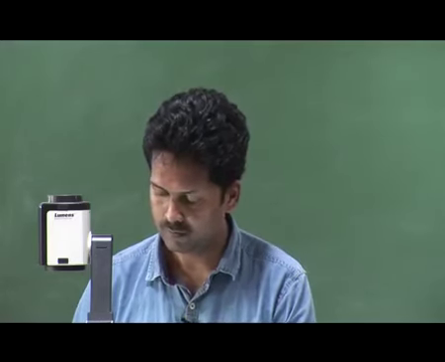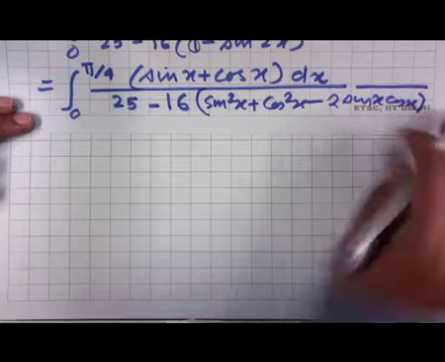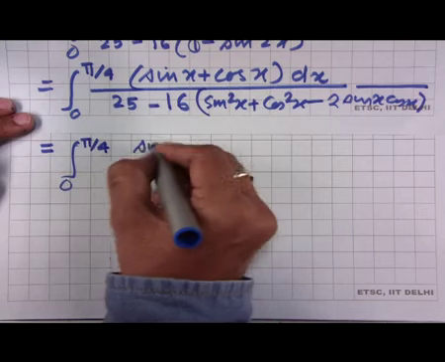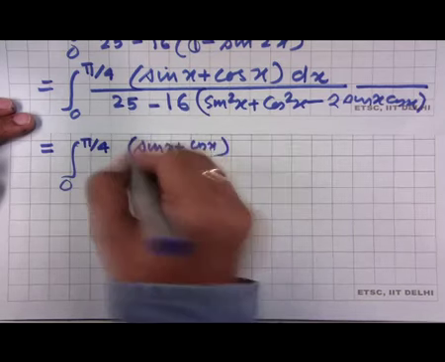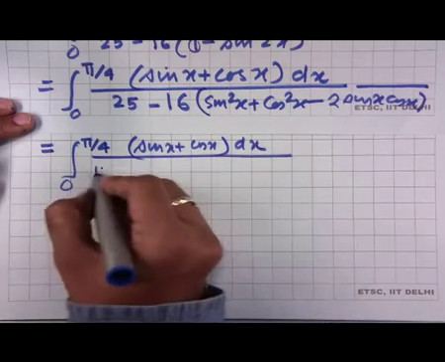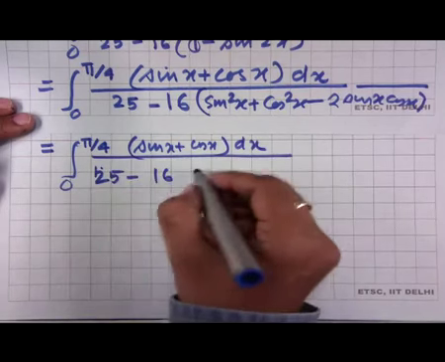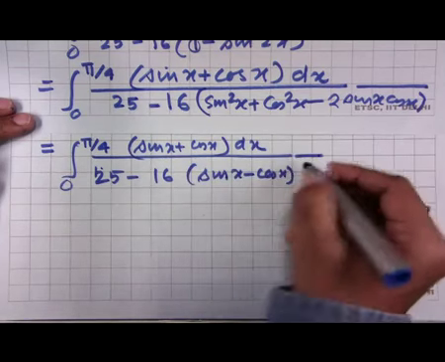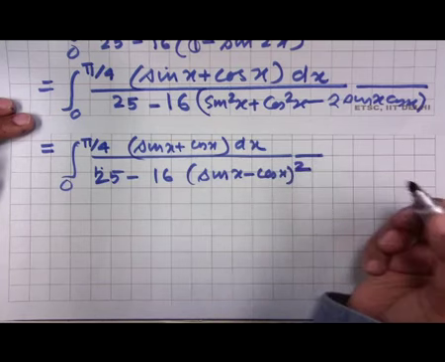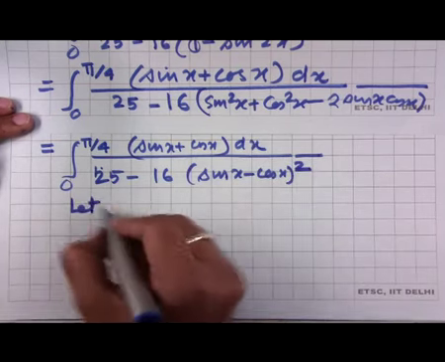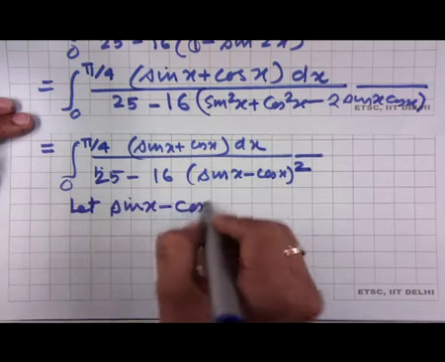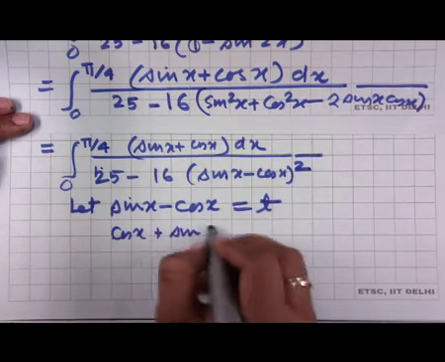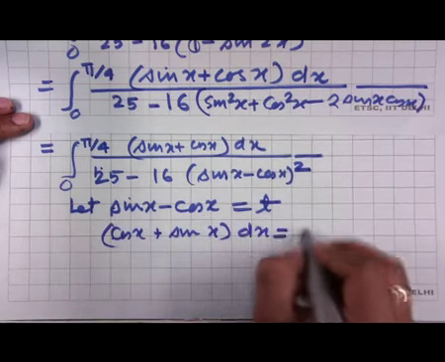So we can write this as 25 minus 16 times (sin x minus cos x) whole square. Now let sin x minus cos x be t, so cos x plus sin x dx is dt.